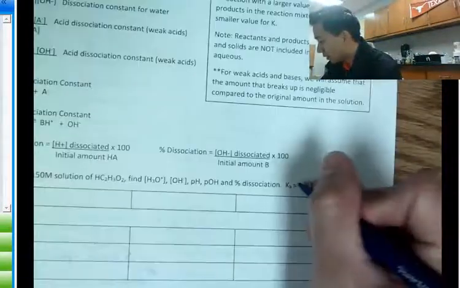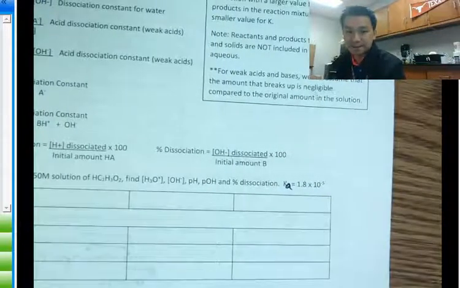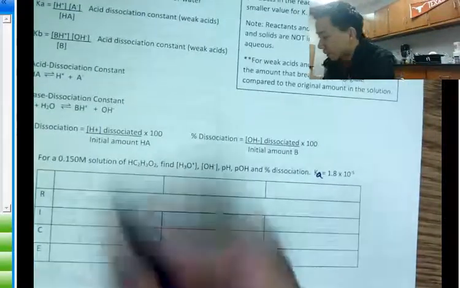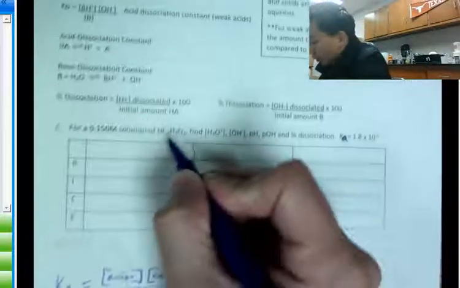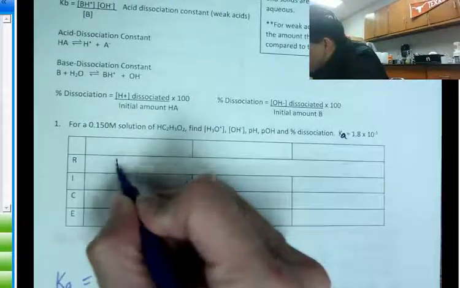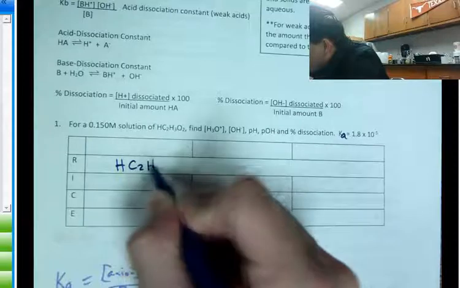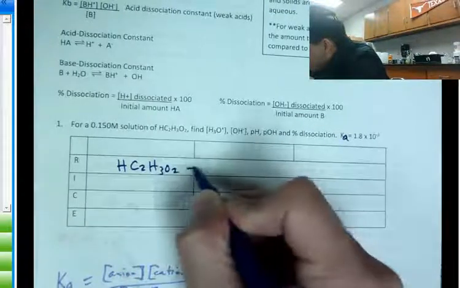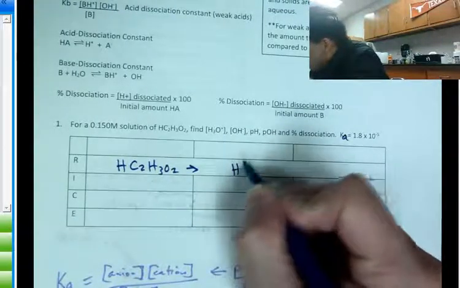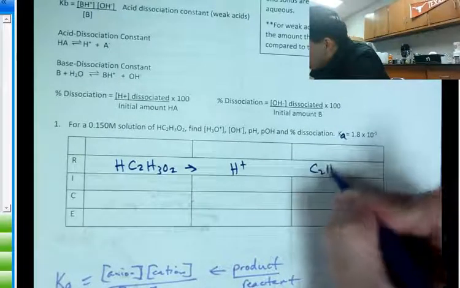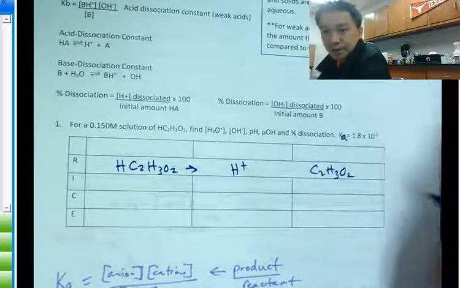For example, number 1 here is an acid, so that's supposed to be a Ka. How do you know it's an acid here? This acetic acid, HC2H3O2, breaks down to H plus and C2H3O2 minus.